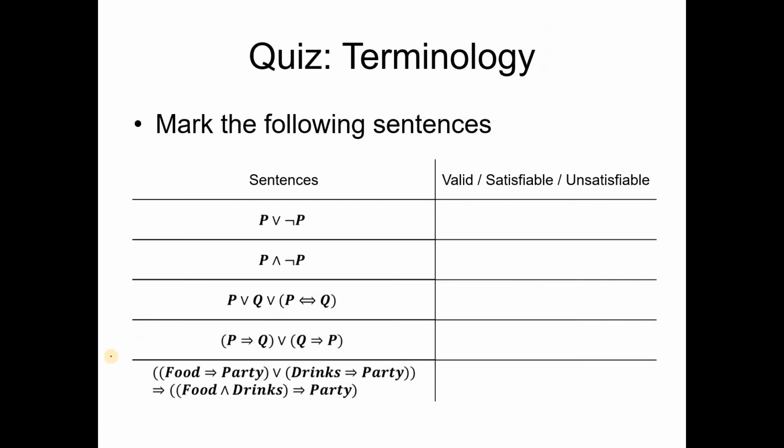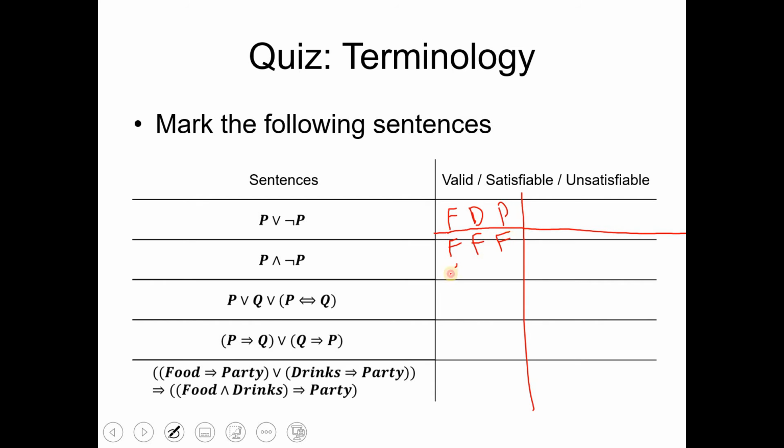The last one, to solve the last one, again this time we have 3 variables. So I will start writing here. I don't have enough space above. So I will write these variables: food, drink, party. If you have 3 variables for your exam, first of all start by writing them all down. Before you do any solution, write them down.